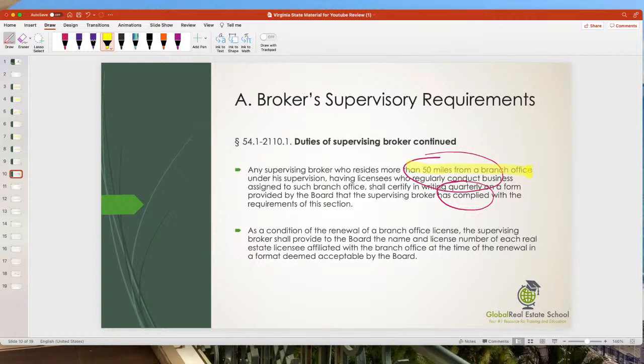So 50 miles from a branch office, certify in writing, and that's a key word there too, quarterly, on a form provided by the board that the supervising broker has complied with the requirements of this section.